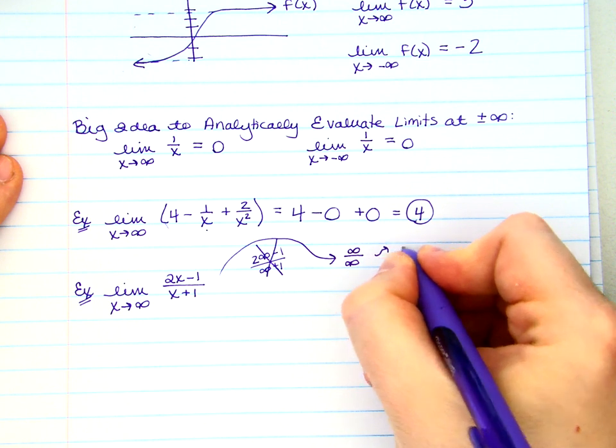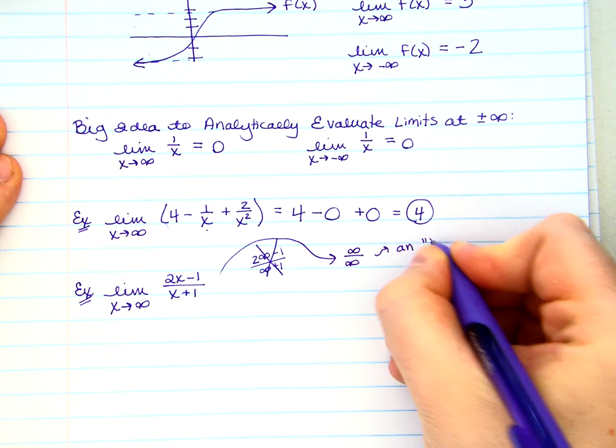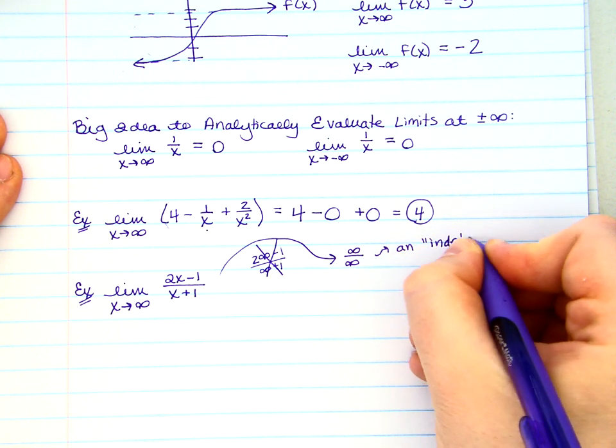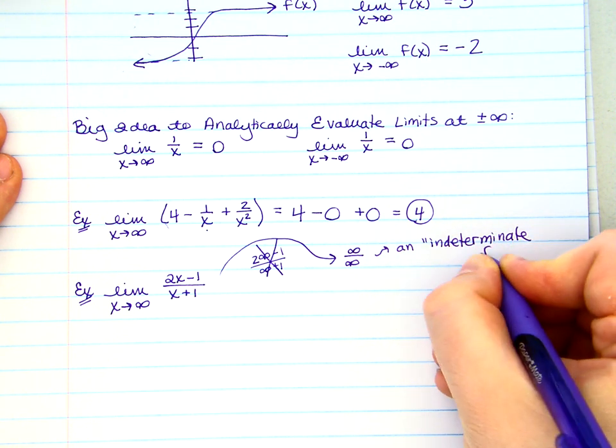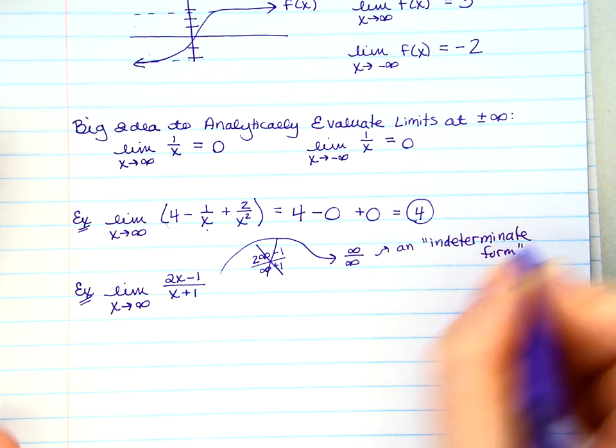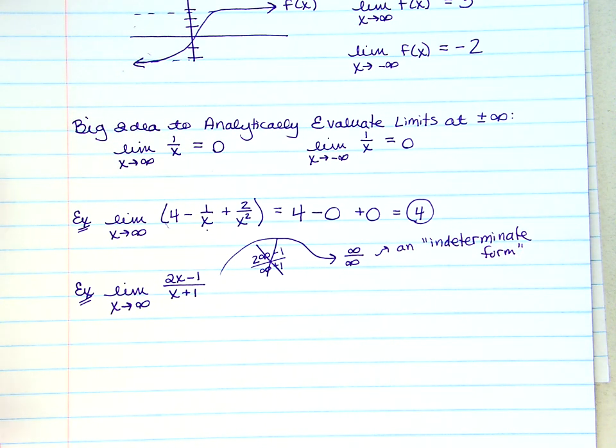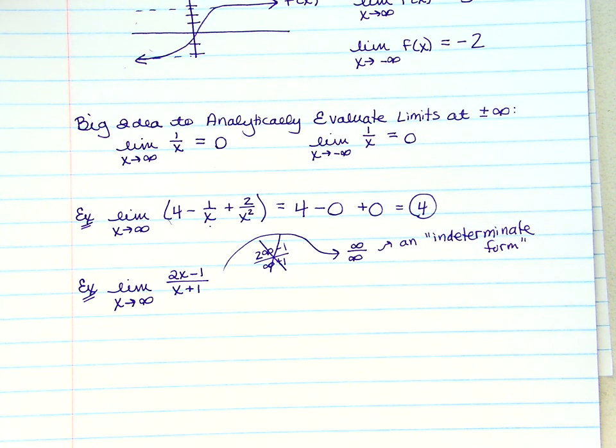Again, the name for this is an indeterminate form. This is just like that indeterminate form we saw of 0 over 0. Indeterminate means if we get that, well, we haven't really determined what our answer is.